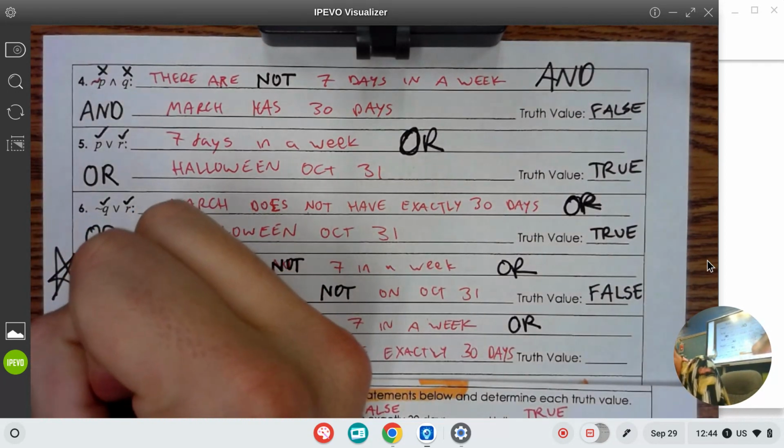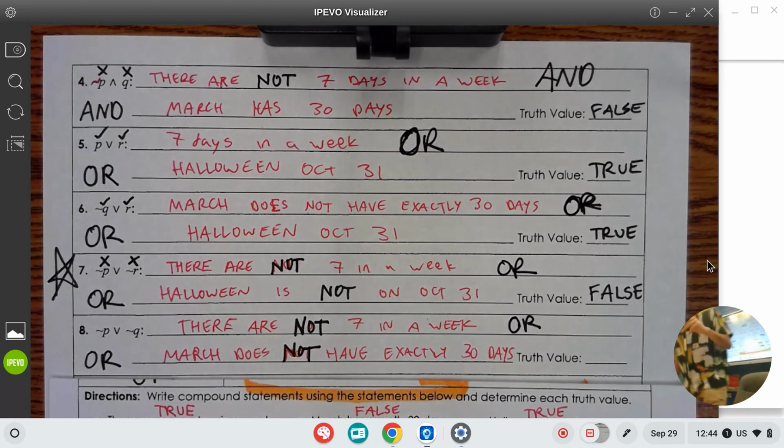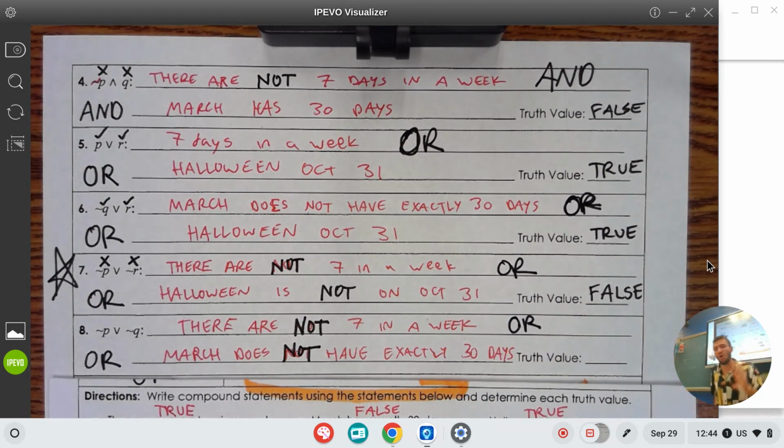Remember, this is an or statement. And or statements mean, do we need both of them true or do we need only one of them true? For or statements, we only need one true. That's been the case for all of these. If it's an and, it requires both to be true.